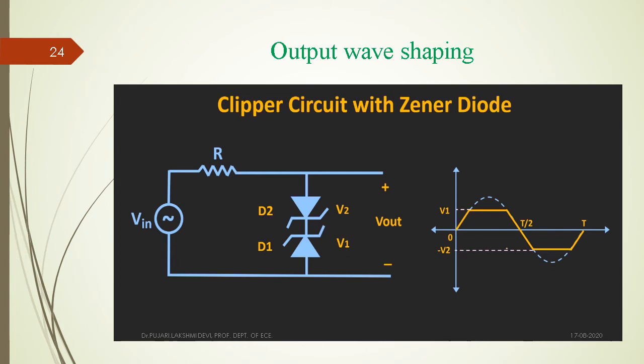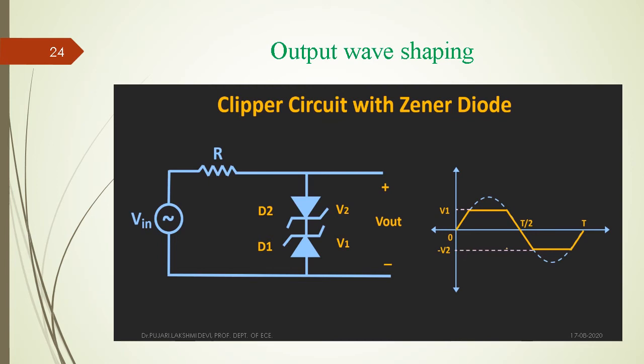We can say it has V1 and V2. Because of its connection, the D1 diode has its negative Zener voltage and the D2 diode has a positive Zener breakdown voltage, that is V2.